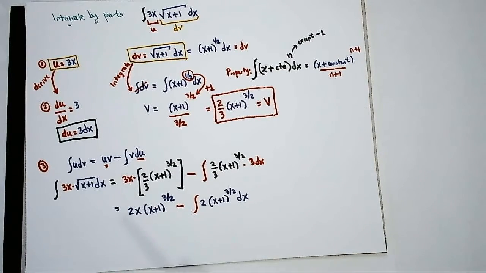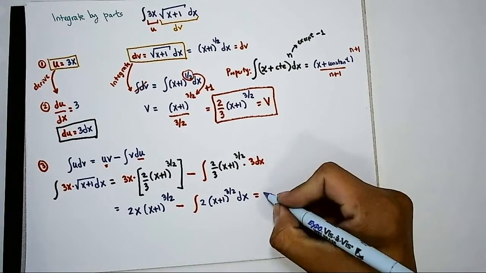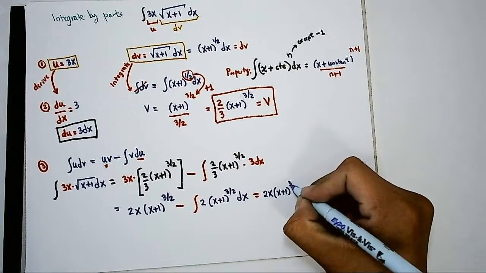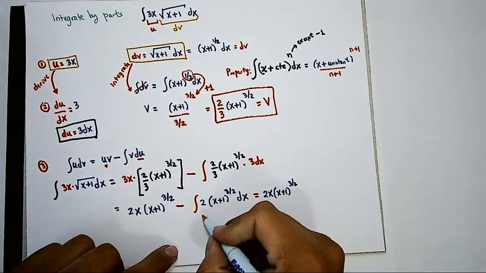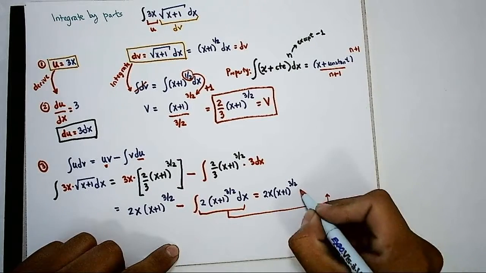In the case of the first term, this is the part of the solution, and we do not have to worry about. So this part is done. The only part that is remaining is to solve this last integral.